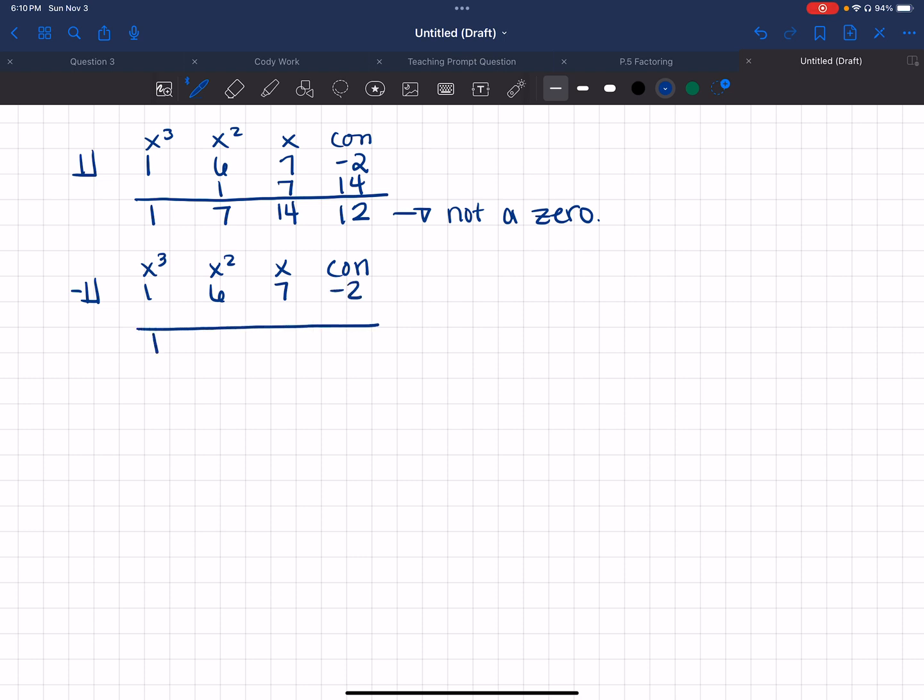I'm going to bring down that 1. That gives me -1. That's 5. That's -5. That's +2. That's a -2. And that's going to give me a -4. Not a 0.